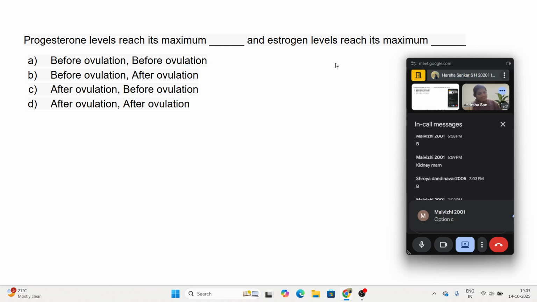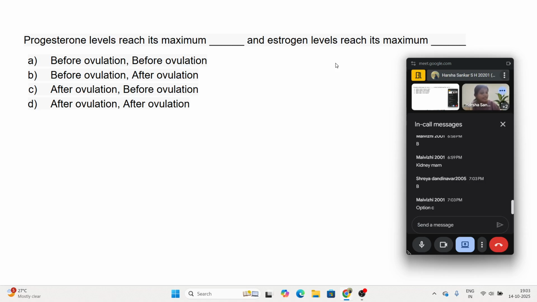So there is some disagreement in the answer. Shreya is saying option B and Maybe is saying option C. Let's see the answer. The correct answer is progesterone. Progesterone is known as the pregnancy hormone.